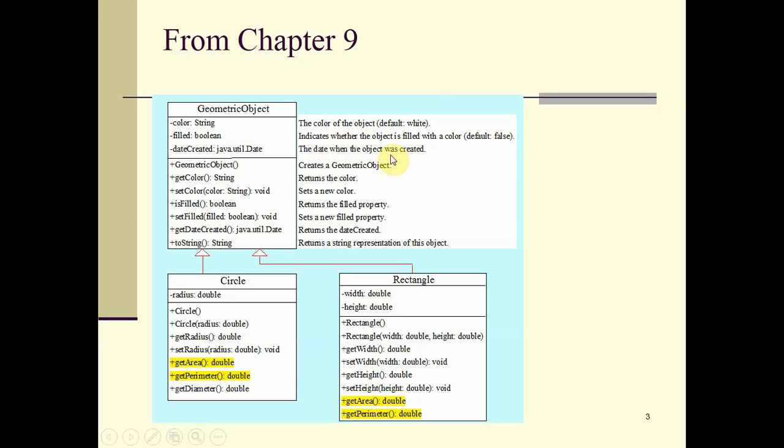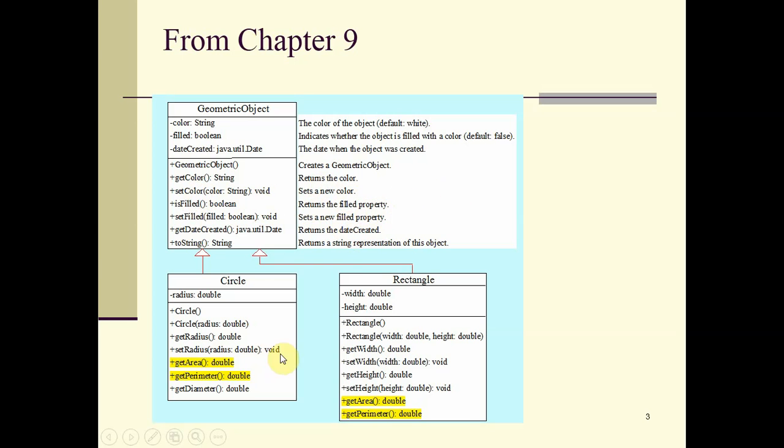The date when the object was created is java.util.Date. And then let's see how we're going to transfer this into a program. These are all the explanations about this geometric object.